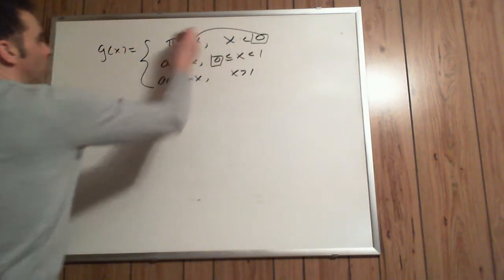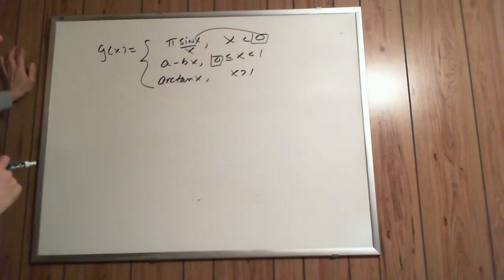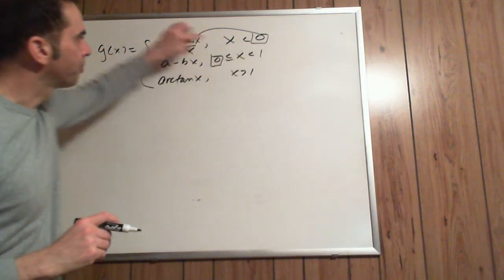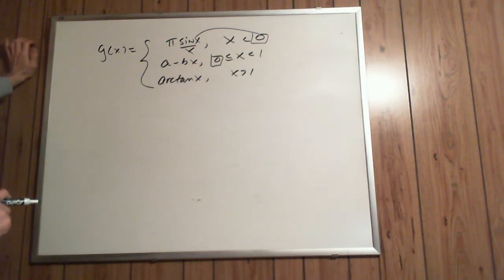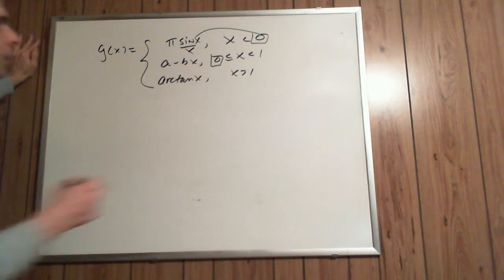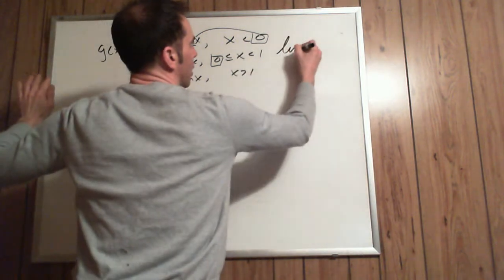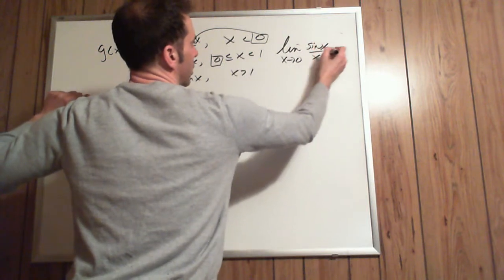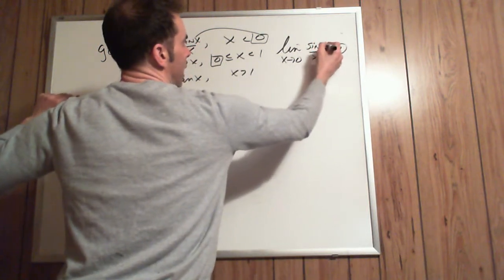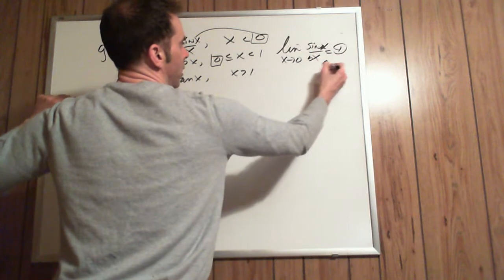If I put 0 into this, I get the sine of 0 over 0 in taking that limit. I'm taking the limit from the left of 0. I put that in and I get the sine of 0 over 0, which is 0 over 0. Remember, that's a special limit. The limit as x approaches 0 of sine x over x is 1. Remember that ax over bx, it's a over b.